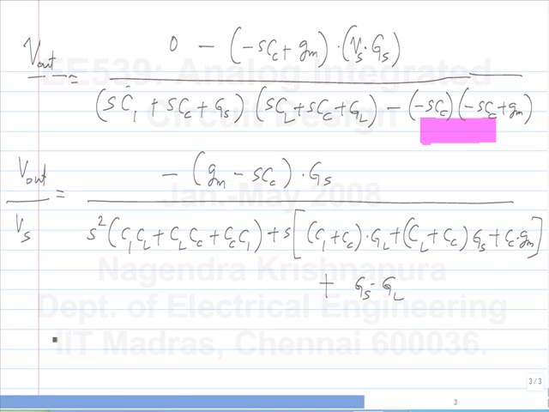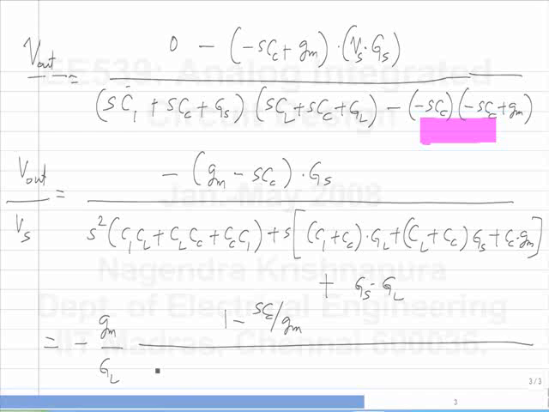So anyway, let's rewrite this as gm by GL. It is gm by GL, or is it not? It is, right? So you get gm times Gs divided by Gs times GL. Okay. And something here. Okay, we'll look at it.